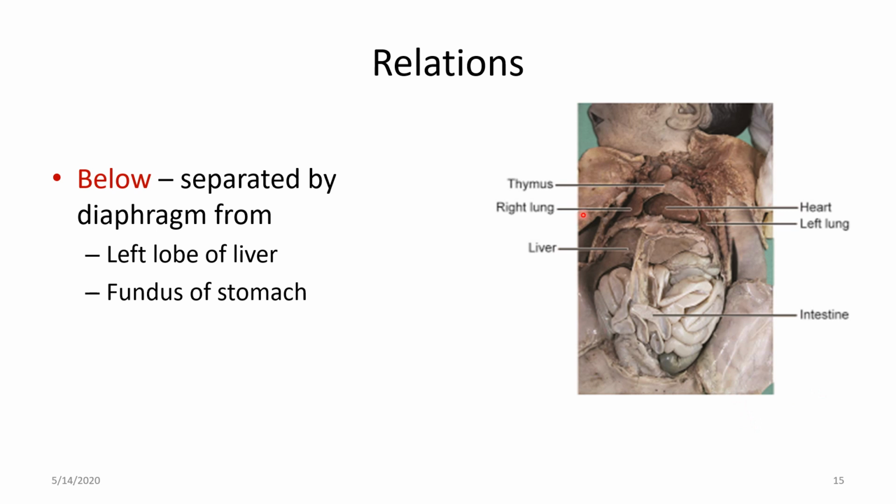And this is a fetal thorax, and abdomen is also opened up. So below it is separated from the left lobe of liver and fundus of stomach by the diaphragm. So this is the diaphragm, which is separating the left lobe of liver and fundus of stomach from the pericardium. So here you are seeing the heart from which the pericardium is reflected.